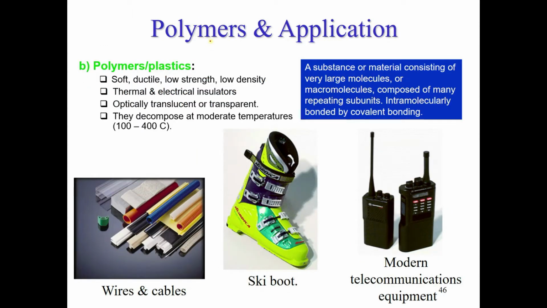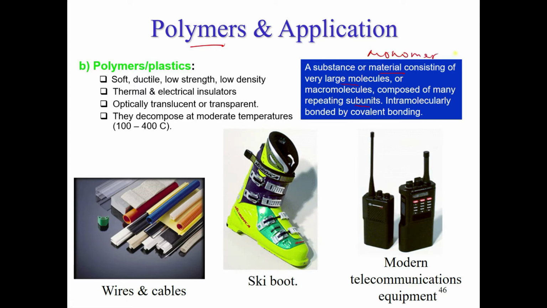The second most used engineering material is polymer. It is a substance or material consisting of very large molecules, or we call it macromolecule, composed of many repeating subunits or monomers.